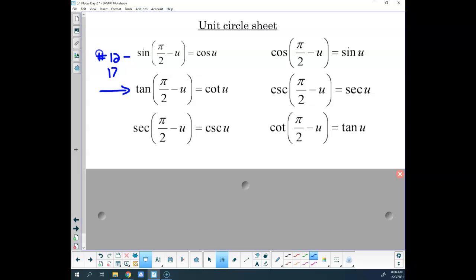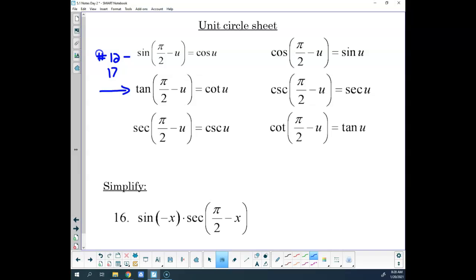The nice thing is you will always see what's inside the parentheses there. It might be a different letter instead of u, but you'll always see that, or you would see 90 minus.